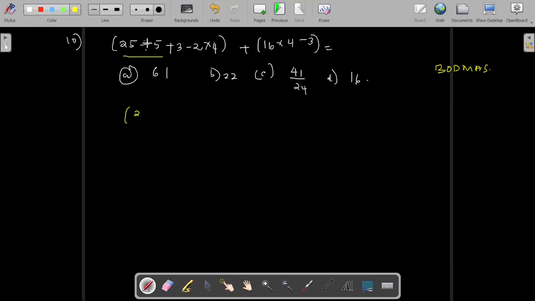From left to right you have to move. 25 by 5 gives 5 plus 3 minus here multiplication. 2 4s are 8. Addition and subtraction keep as it is. First finish off this division and multiplication. Plus 16 4s are 64 minus 3. So that is equal to 5 plus 3, 8 minus 8, which is 0, plus 64 minus 3, that is equal to 61. Therefore, answer is first option.